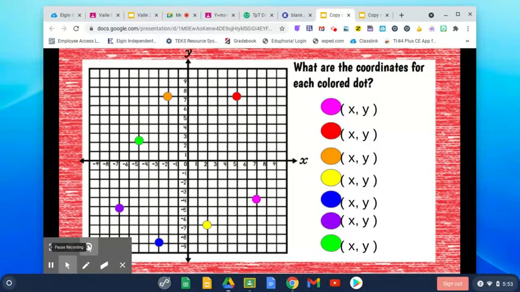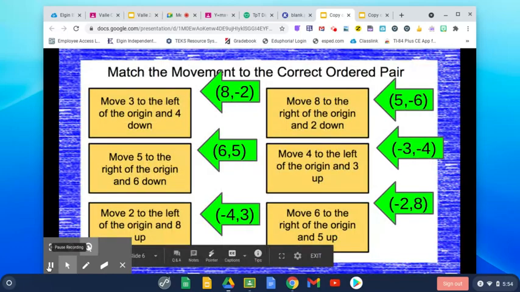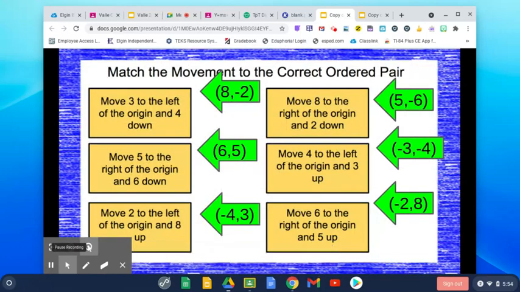Next, we are going to graph some ordered pairs. You're going to answer the following questions by identifying the location of each point with the ordered pair. On this slide, we are going to think about movement of an ordered pair. You will be matching the movement to the new location or ordered pair.